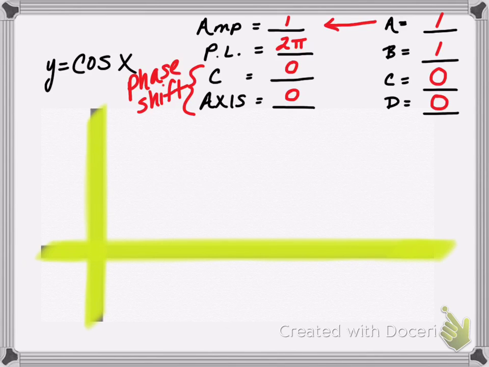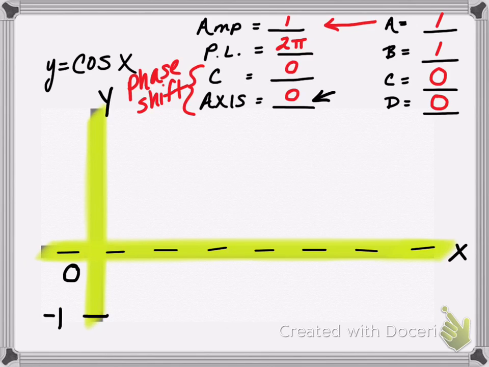Alright, so again, I start with the axis. I label it with a dotted line. The axis is 0, so it just so happens to be on top of the x-axis. The amplitude is 1, so above and below the axis is the amplitude.